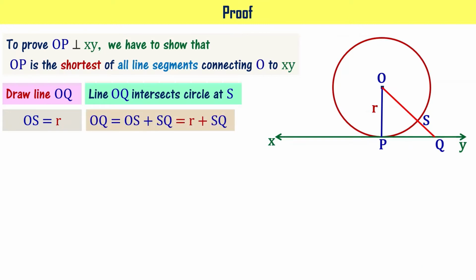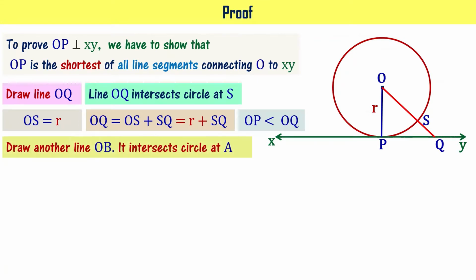So that OQ can be now written as OS plus SQ. That can be written as R plus SQ, right? It means OP, which is equal to the radius of the circle, is smaller than OQ, which is R plus SQ, right? Now let's draw another line, that is OB.